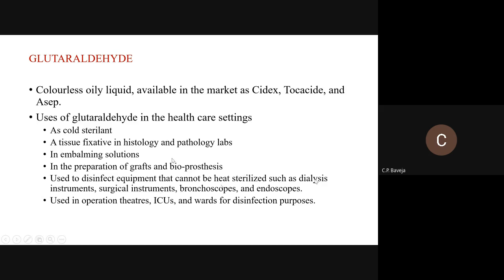You can't use a heating sterilization process, so the cold sterilization process is used. Some surgical instruments like bronchoscopes and endoscopes are sterilized by cold sterilization with glutaraldehyde, and it is used in operation theaters, intensive care units, and wards for disinfectant purposes. Very commonly used disinfectant.